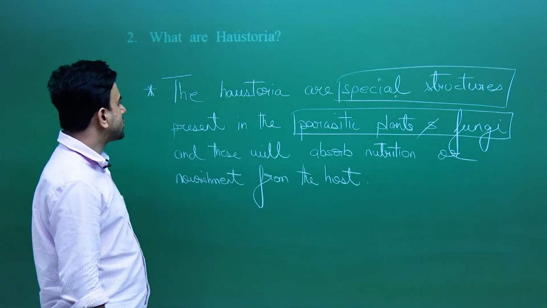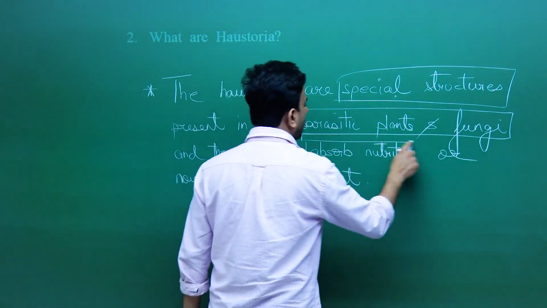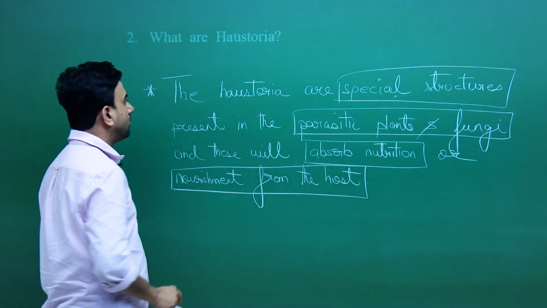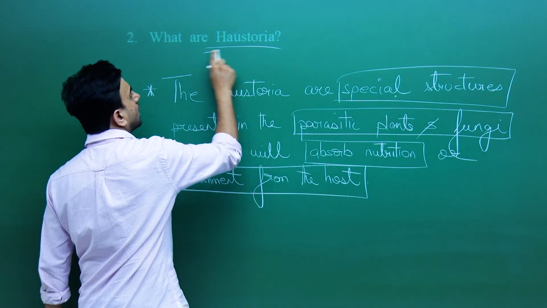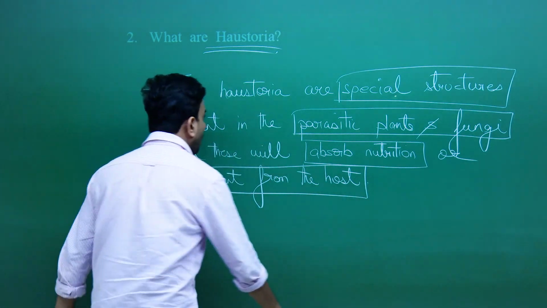So the haustoria are special structures present in the parasitic plants and fungi, and these will absorb nutrition or nourishment from the host. This is what haustoria are. So these are the special structures, right.